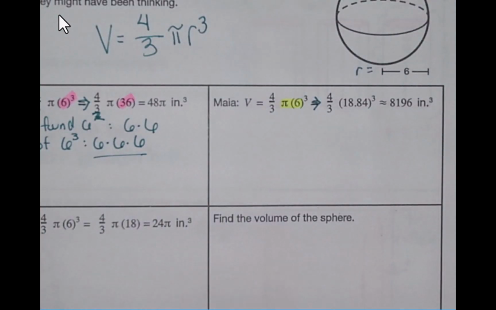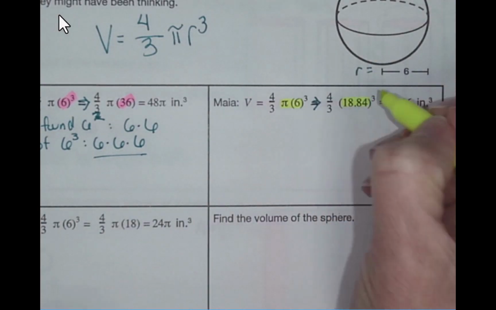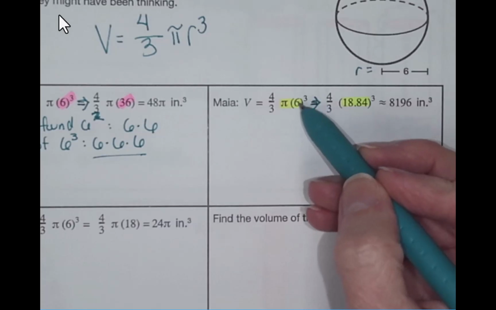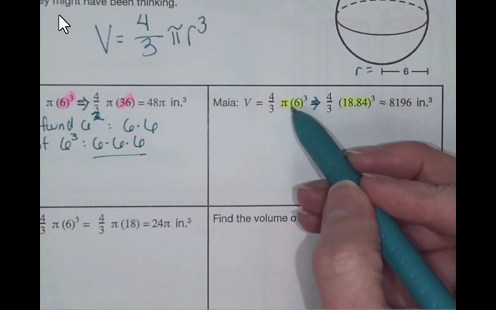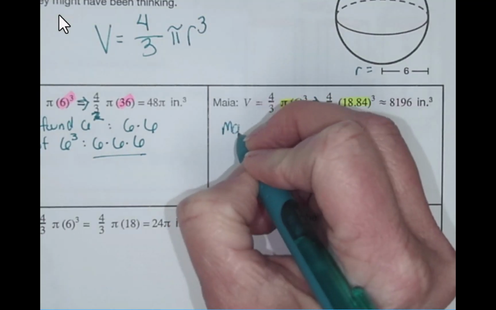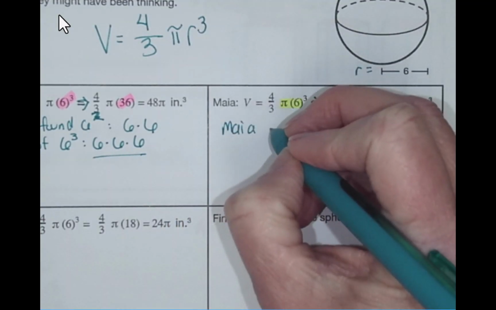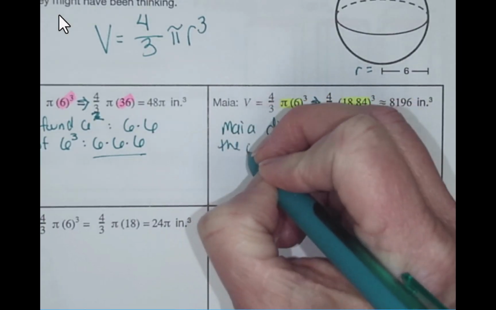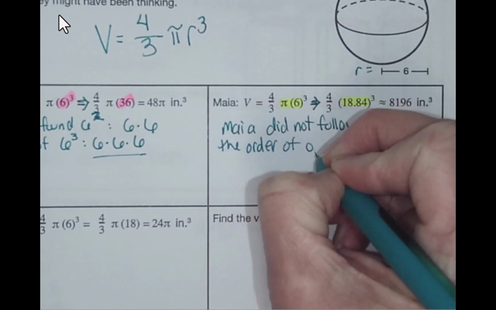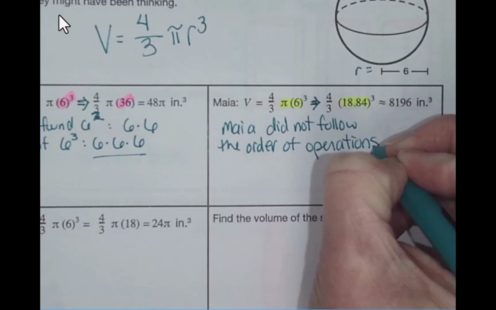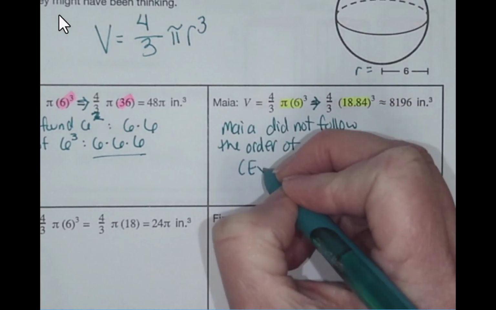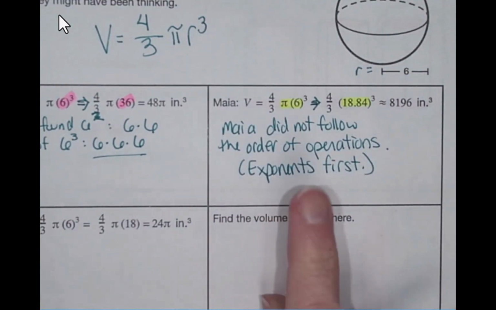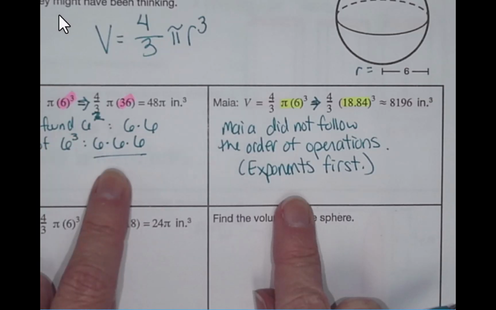Just highlight where the mistake is that she wound up with here. Order of operations says you need to do exponents before multiplying. So she should have raised the 6 to the power of 3 before she multiplied by anything else. So Maya did not follow the order of operations. So that's another thing I need to remember to do. Exponents first, and when you do the exponent, do it carefully.